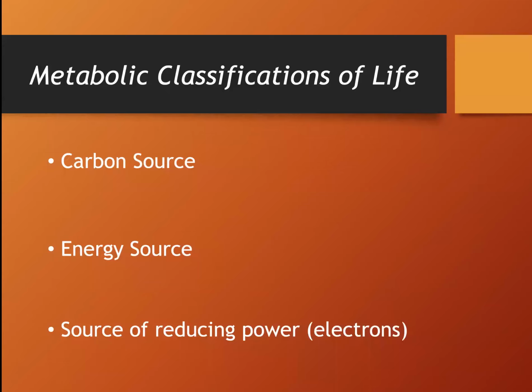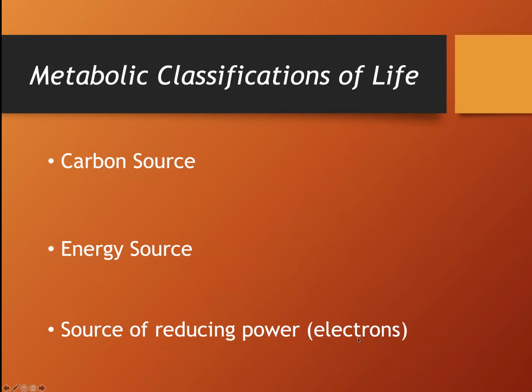So when we talk about metabolic classifications of life, we need to think about what the carbon source is. Maybe Hamza was the one who said energy source, right? And then where you get electrons from.